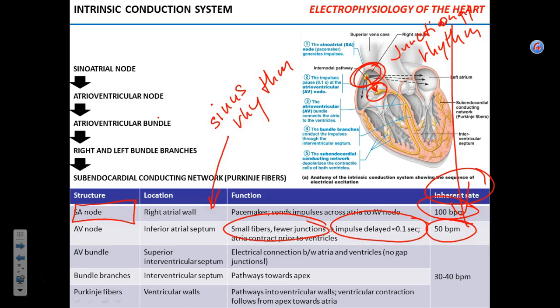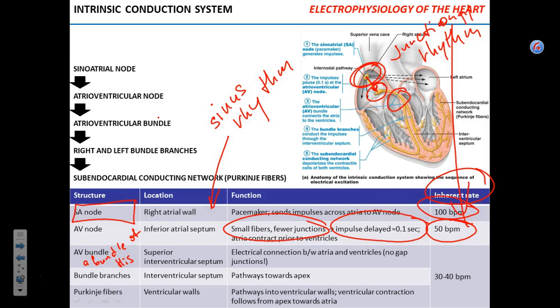From AV node, the signal enters so-called AV bundle, a bunch of pacemaker cells, also sometimes called a bundle of His. Okay, sometimes you can run into this term in anatomical and anatomy physiology literature.